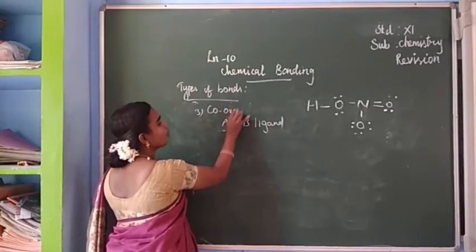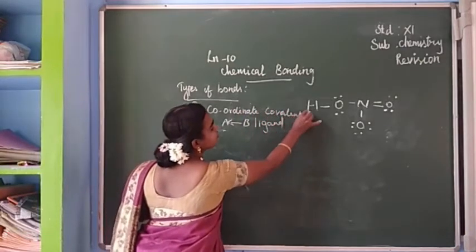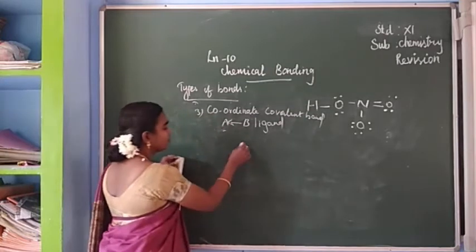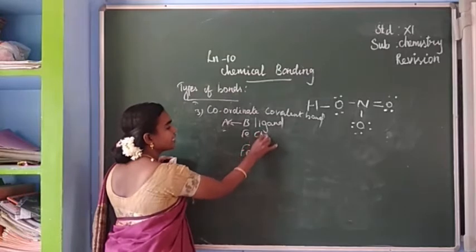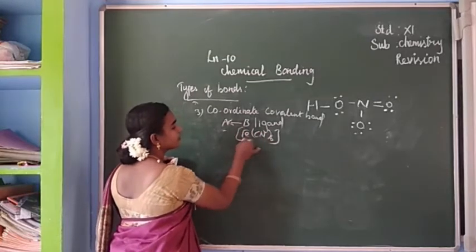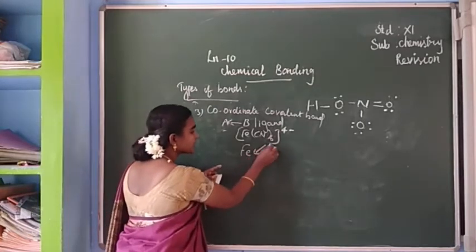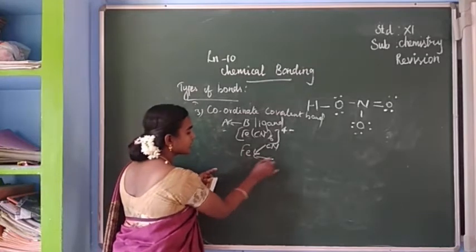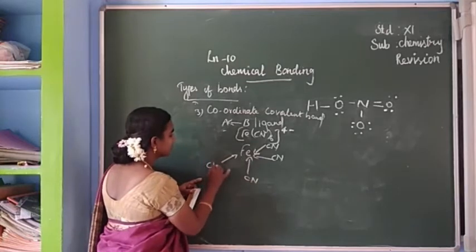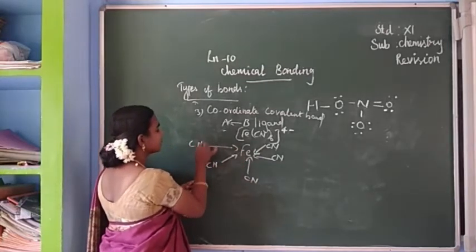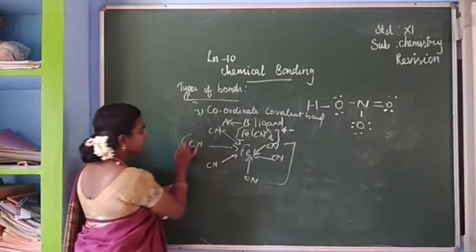Ferrocyanide, the formula is Fe(CN)6 4-. So here the CN groups donate electrons to Fe, CN, and here CN, and here also CN, like this, 4-.